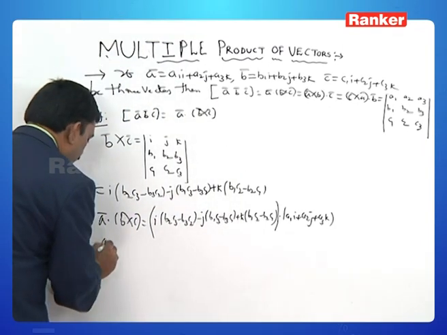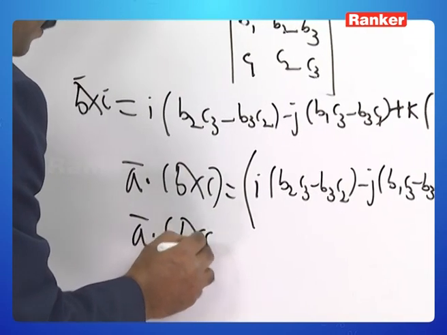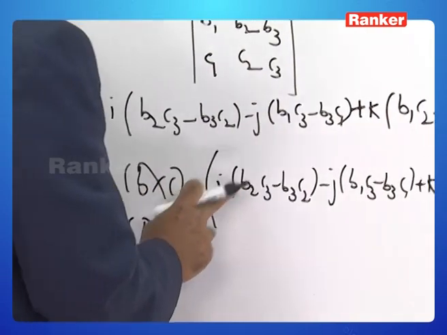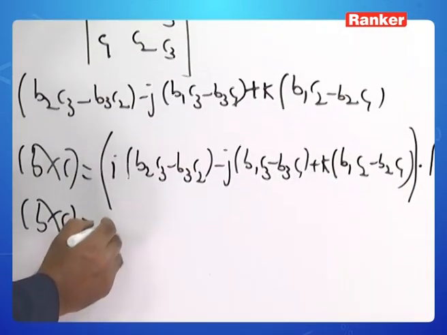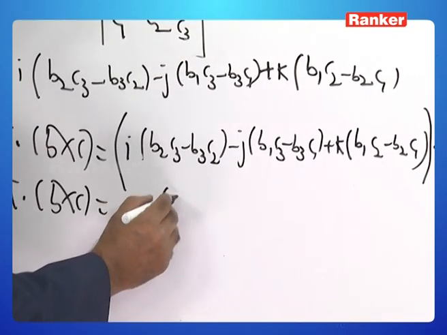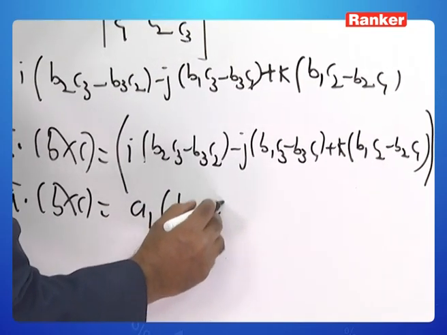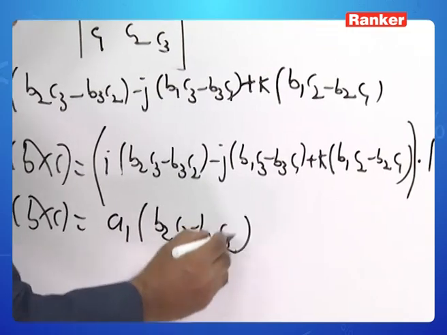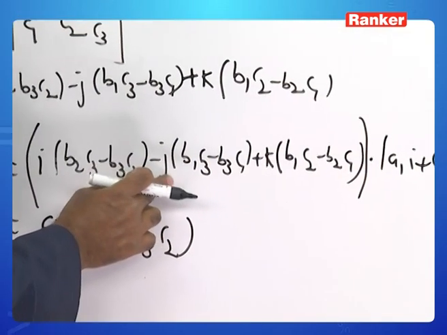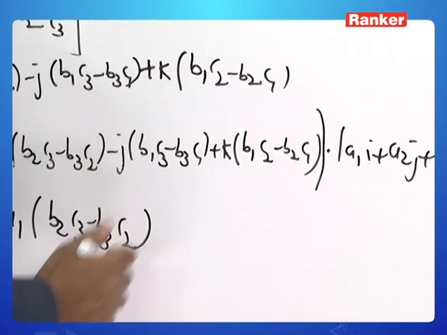I can write A dot of B cross C as i dot i, A1 into B2 C3 minus B3 C2. This with i dot j is 0, and i dot k is 0.